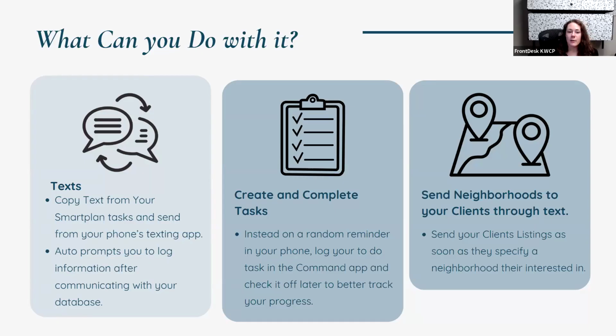We've all heard about the 36 touches, all of that stuff that really drives business, and how tracking that is really important for the next year so you can see what's working, what's not working. But the last thing you want to do is have a text conversation with somebody and then go to a different platform and mark that you had a text conversation. So if you do it straight from the app, the way I'm going to show you, it's going to auto prompt you to track your text and activity and help count those touches for you, just to make that a little bit easier.